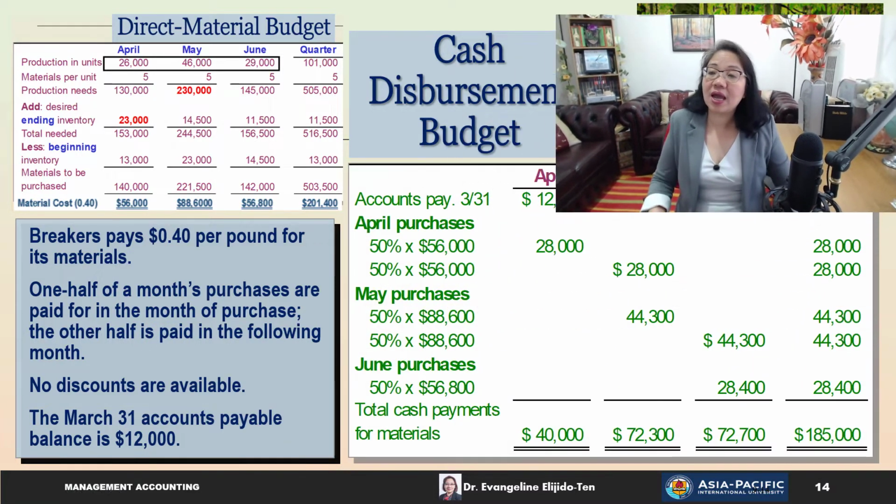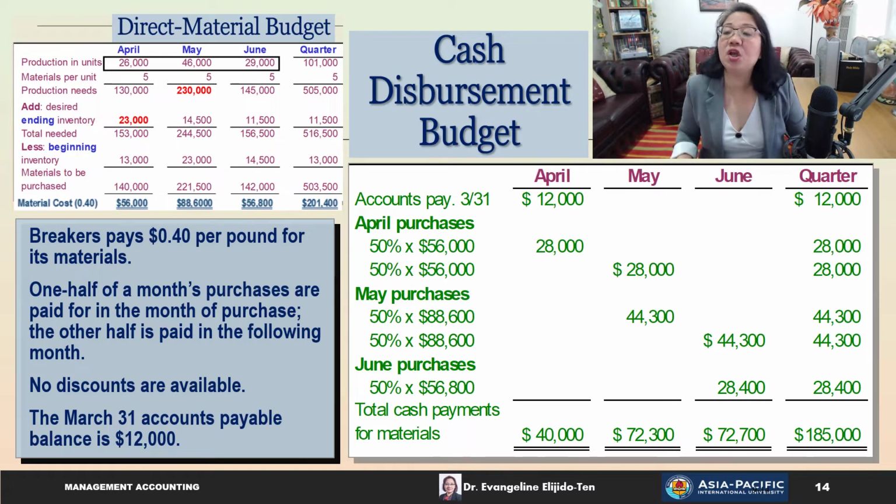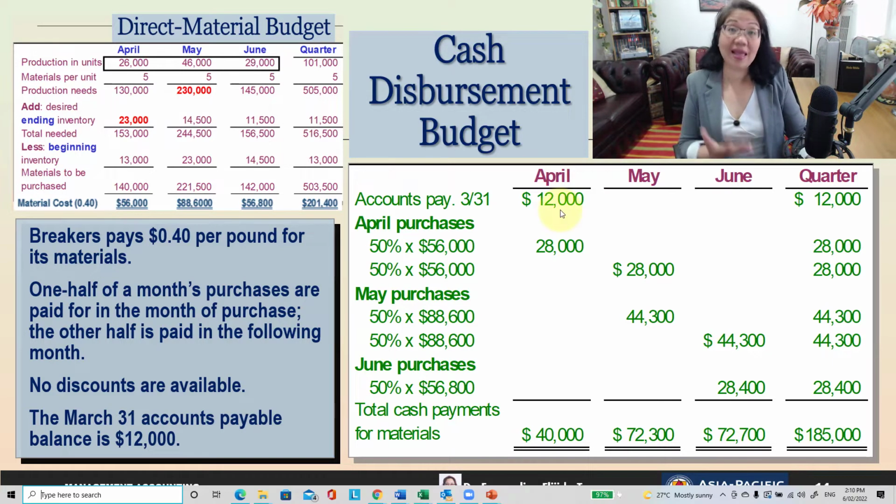$12,000. So our cash disbursement budget should also start with the month of April, showing the accounts payable of the previous quarter, March 31st. What else need to be paid in April? Well, 50% of the month's purchases.